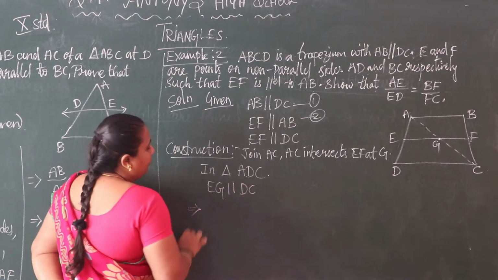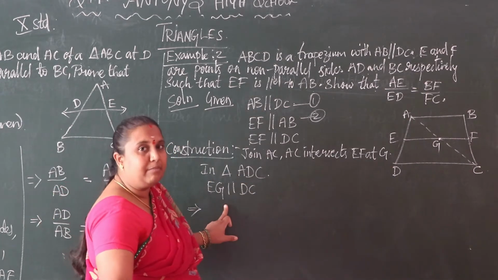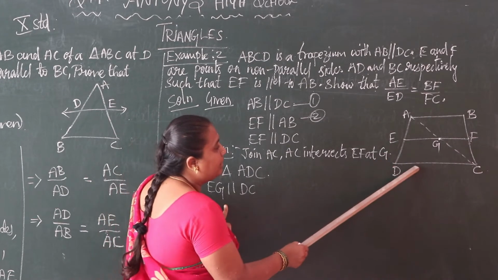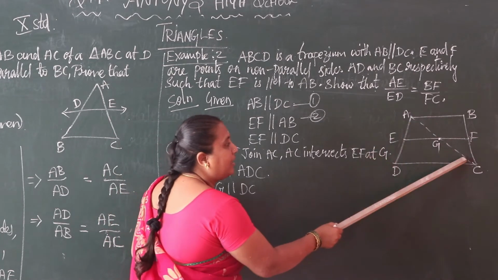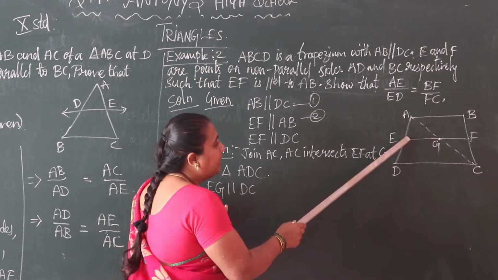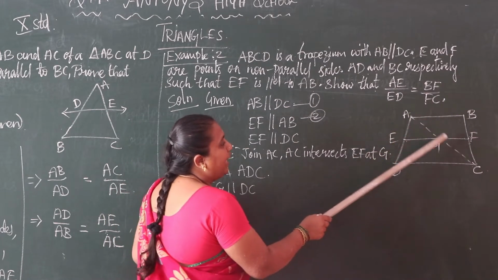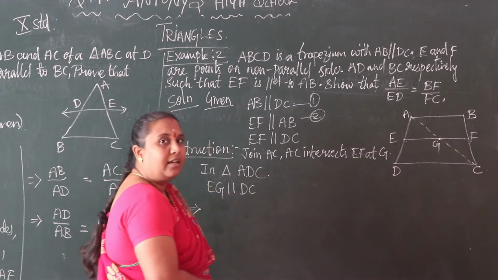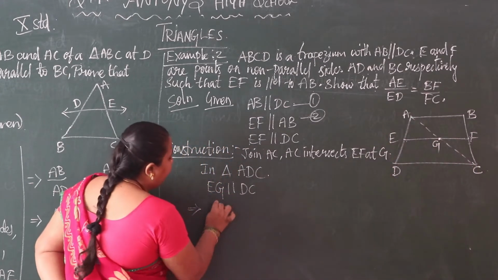So here we can write, EG is parallel to DC means the two sides of the triangle are in the same ratio. So we can write AE by ED equals AG by GC. Is it right, children? Are you understanding?